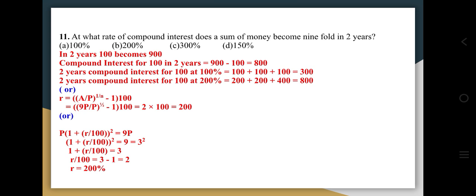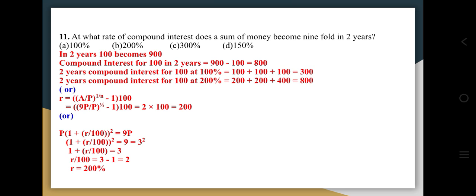So we calculate 2 years compound interest for 100 at 100%, that is choice A. 100% rate of interest means for 100 the interest is 100. So the first year compound interest is 100. What is the second year compound interest? It is the first year compound interest plus interest on that first year compound interest.